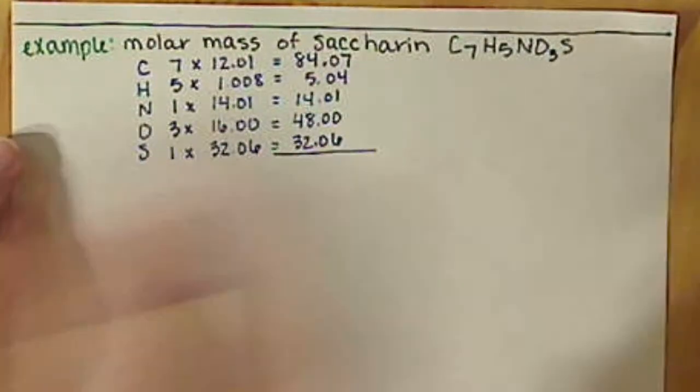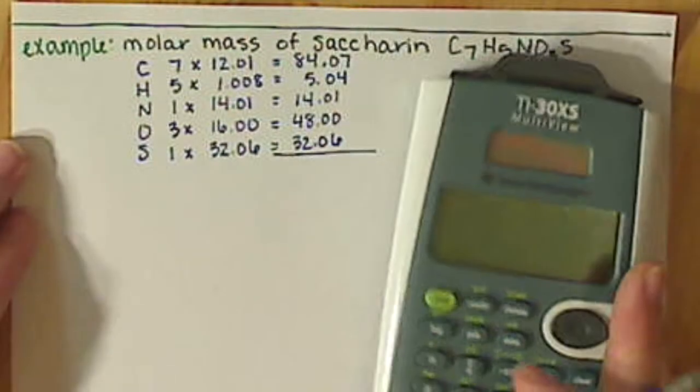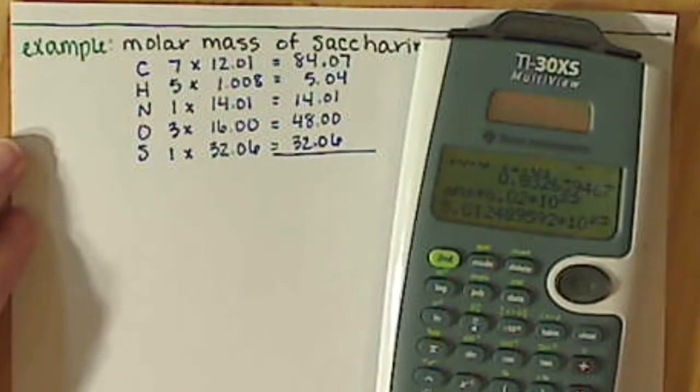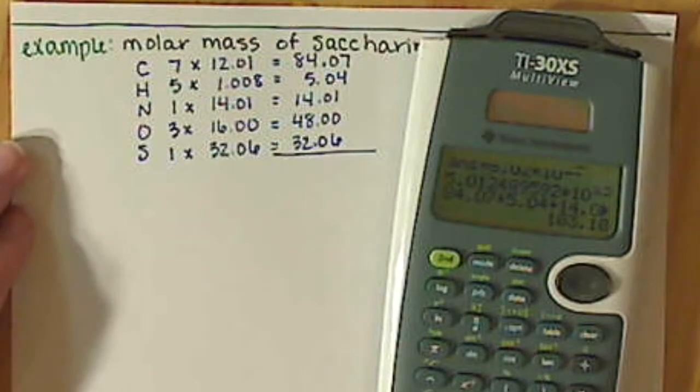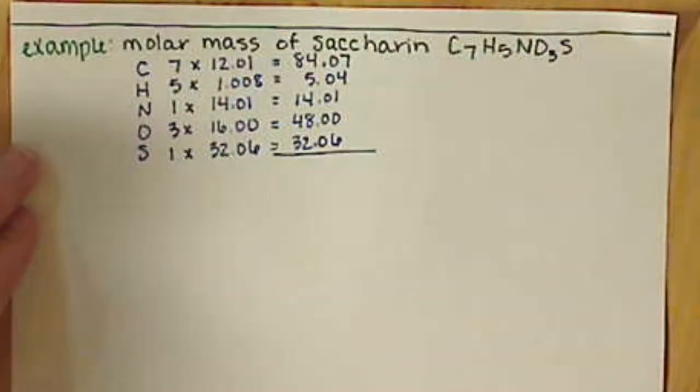Sulfur, we stay the same. I could do that in my head, but let's go ahead and just use the calculator. So 84.07 plus 5.04 plus 14.01 plus 48 plus 32.06. And we get 183.18.